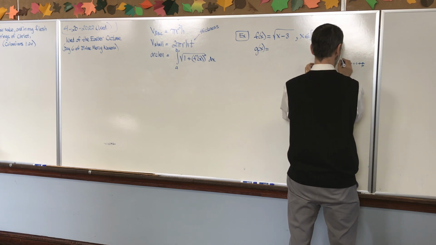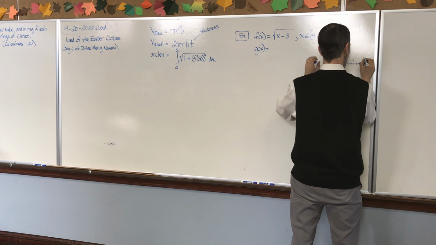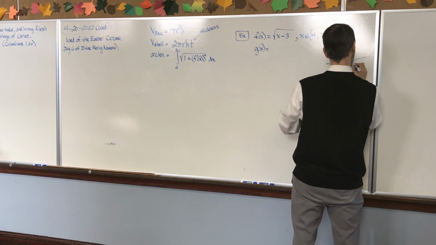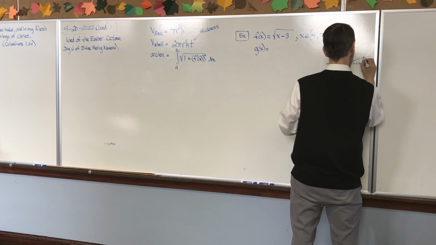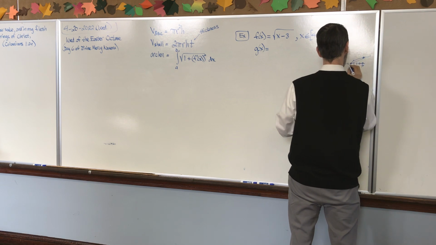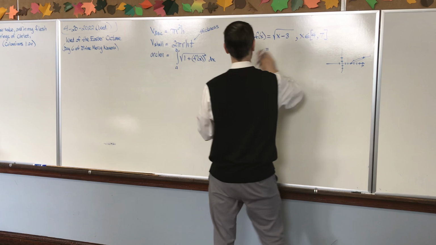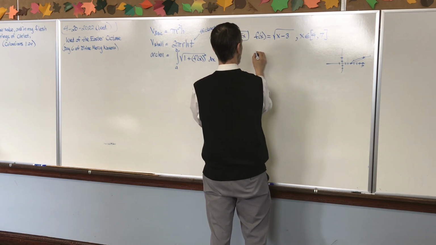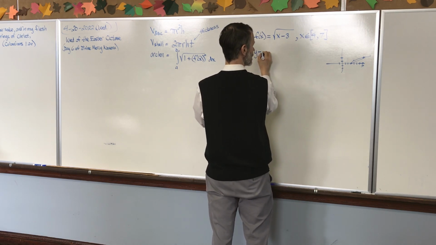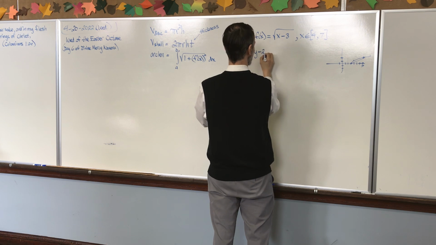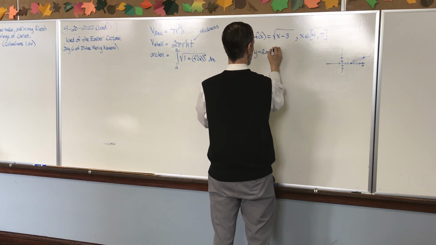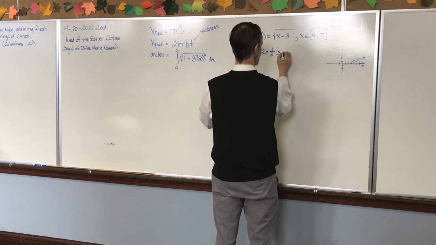Gotta make sure I get this right. Oh, I'm just gonna write it as a line. So, y minus 2 equals 1/2 times parentheses x minus 7.